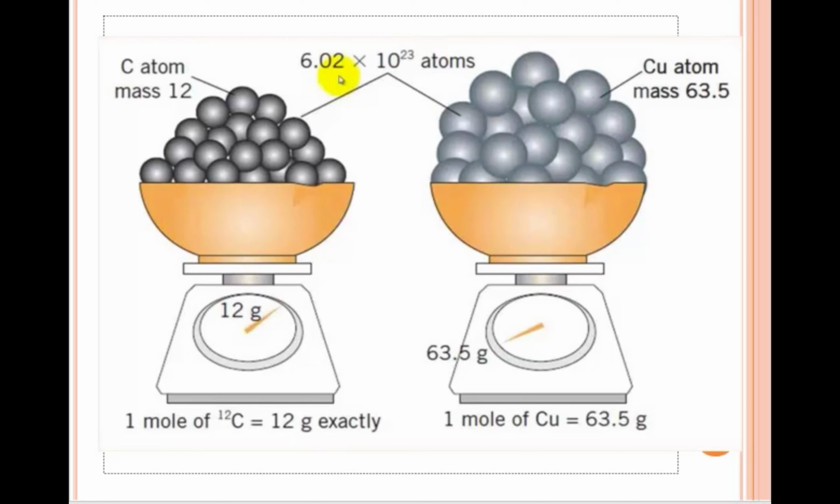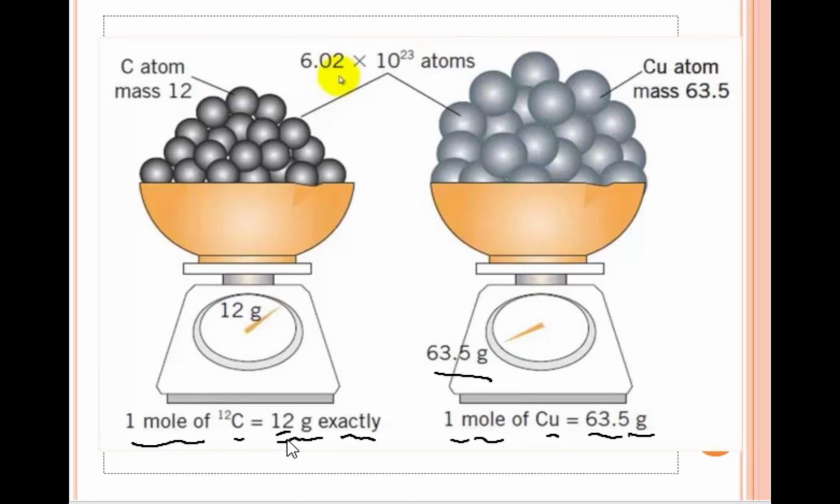There are some examples to show the mole concept. 1 mole of carbon is exactly 12 grams. 1 mole of copper is 63.5 grams. These amounts, 63.5 and 12, are given in the periodic table as the atomic masses, gram atomic masses.